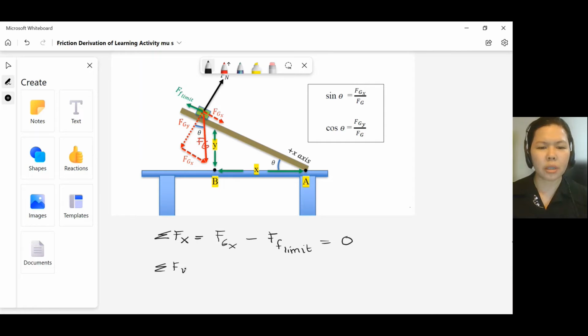On the other hand, the summation of Fy, the sum of all forces along Y: going to the plus Y is Fn, and opposite to that is Fg sub Y, equals 0.